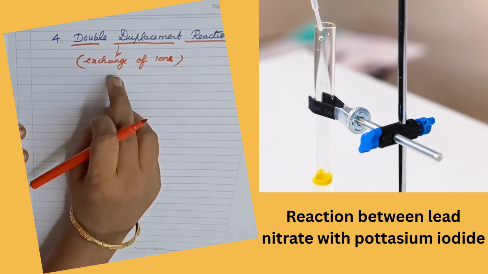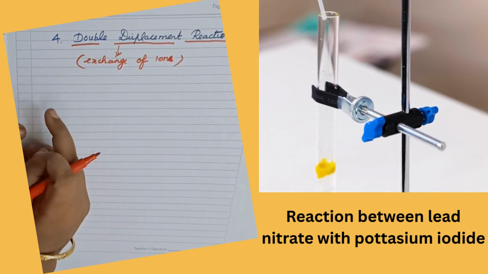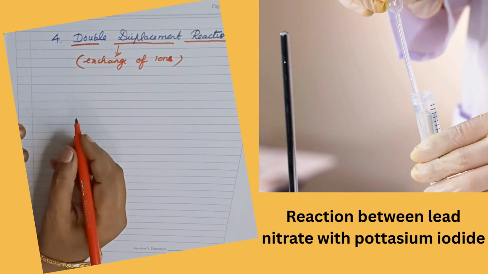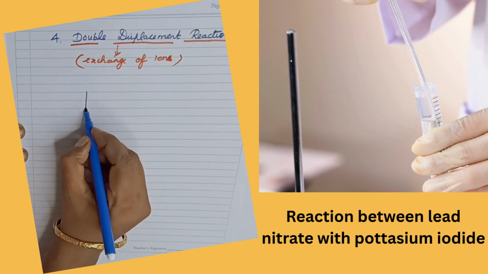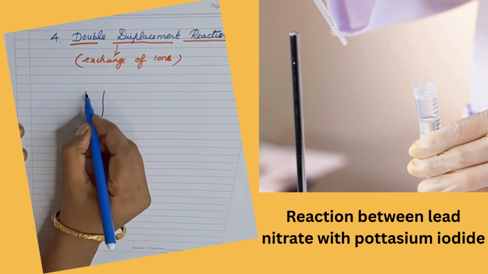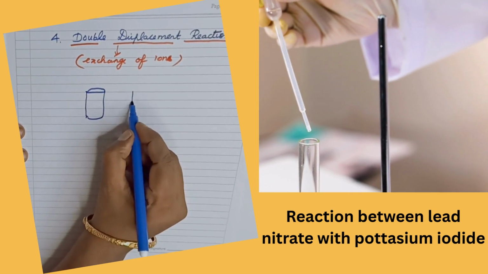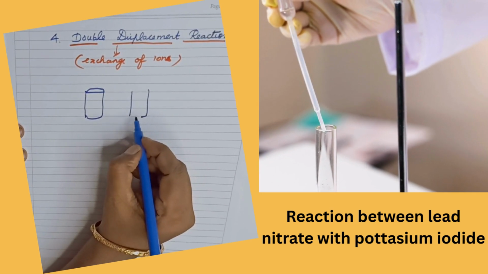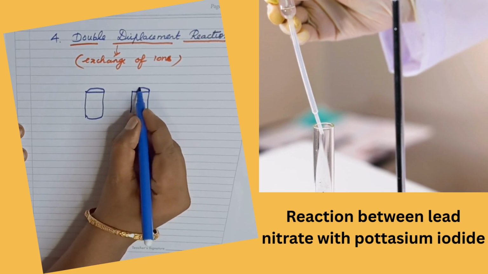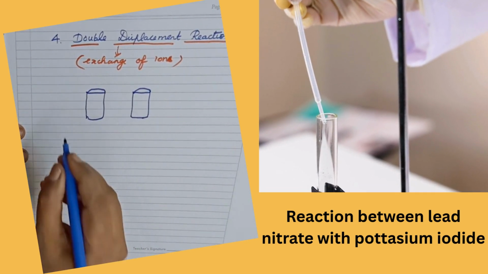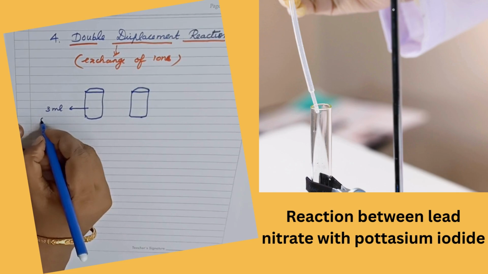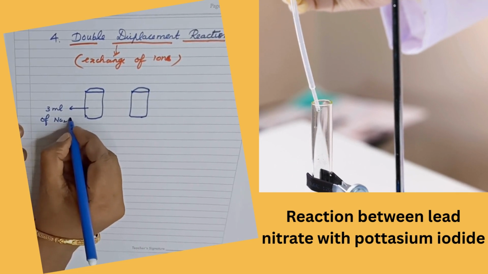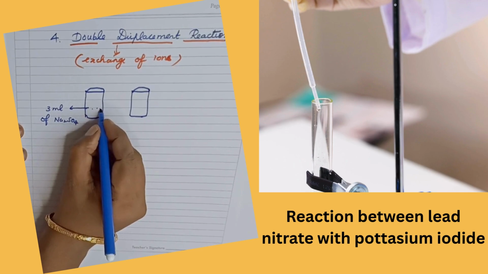Let's explain this double displacement reaction by doing one activity. For this we need two test tubes. In the first test tube, we take 3 ml of sodium sulfate.